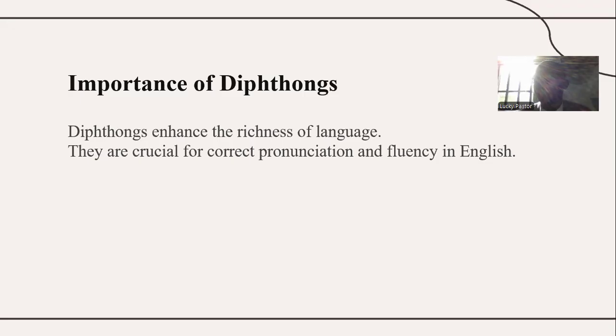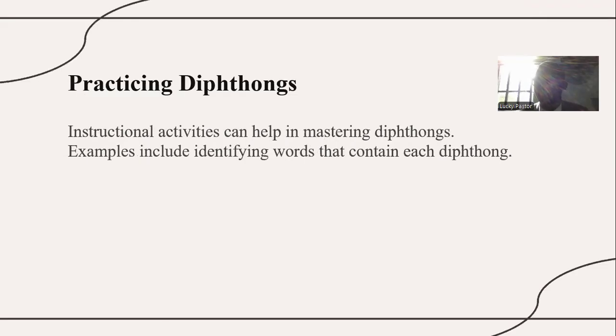Remember, I said when you want to pronounce words correctly, your ability to pronounce these sounds will make your pronunciation more accurate. So they are crucial for correct pronunciation and fluency in English. If you know your diphthongs well, you should be able to produce your sounds correctly and be fluent in your speech. So these are some benefits of diphthongs in the English language.